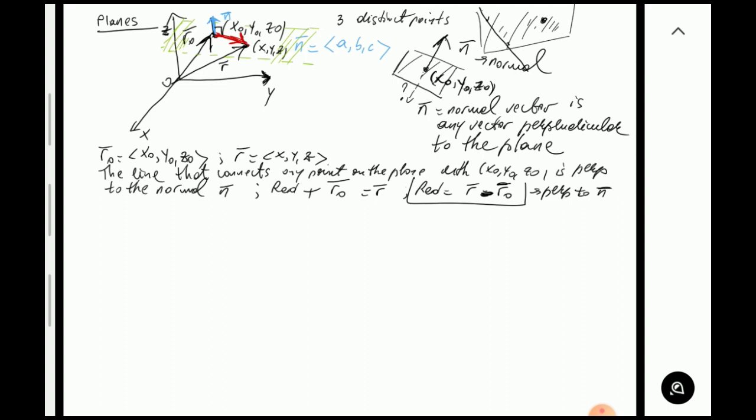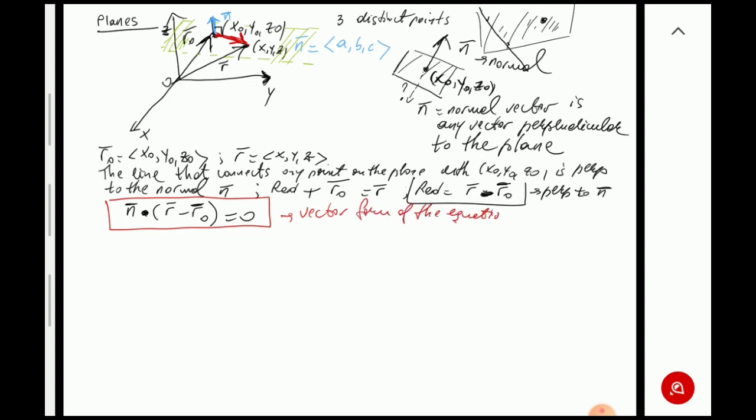So hopefully you remember that the dot product being 0 is the fastest way to state that 2 vectors are perpendicular. All in all, this basically encapsulates the so-called vector form of the equation of a plane.